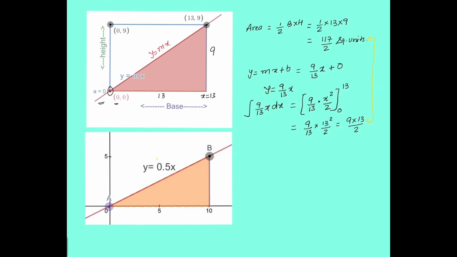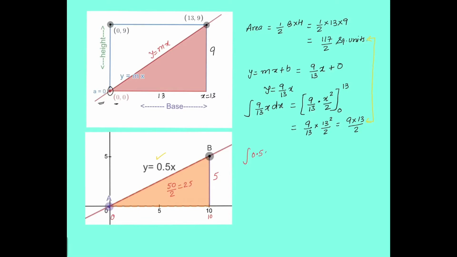We can see in this second triangle, this is 0.5x, the diagonal line, and we can see the width is 10 and the height is 5, so it's 5 over 10, that's basically 0.5. The area is 25 square units because it is half of the rectangle.